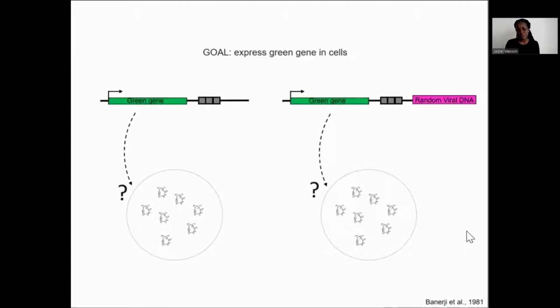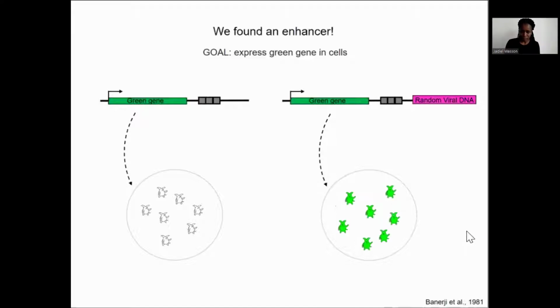So what do you think happened when they introduced these vectors into cells? Well, only the cell line that had the vector that contained that viral DNA expressed the green gene, which was quite unexpected. So they wanted to know, why do you only get expression of the green gene in the presence of this viral DNA? They went on to figure out that this was a highly reproducible effect.